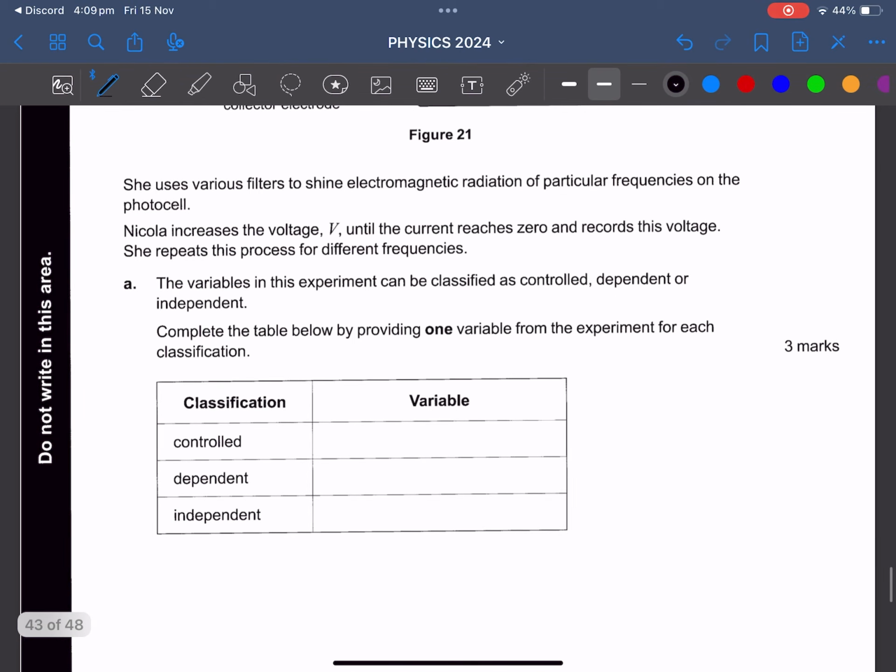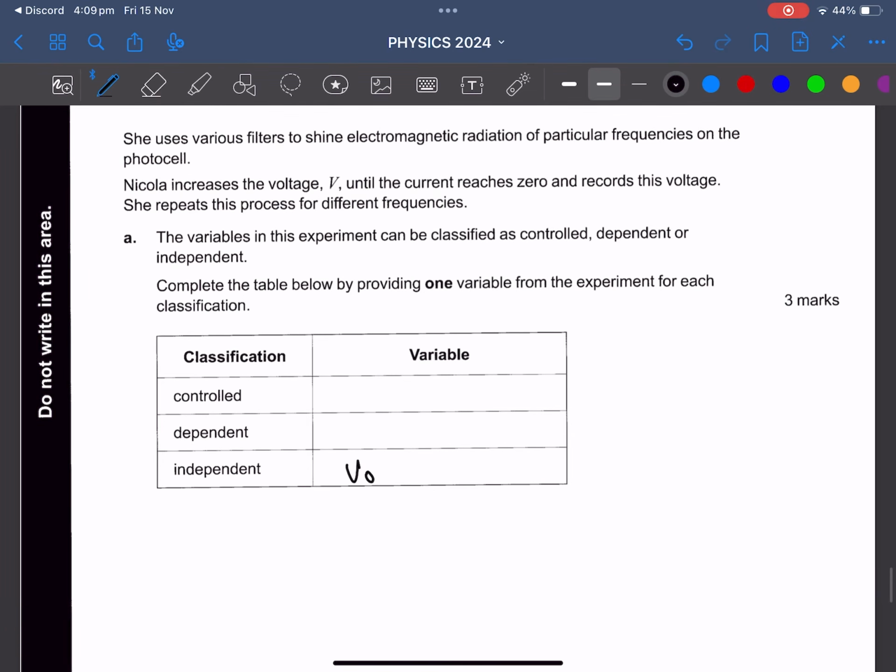Oh wait, no. She uses various filters to shine electromagnetic radiation of particular frequencies on a photocell. Nicola increases the voltage until the current reaches 0. I guess current is dependent on voltage, so I'm going to say that independent is the voltage and dependent is the current.